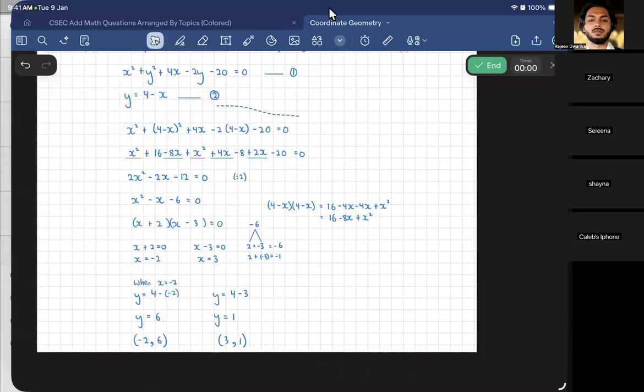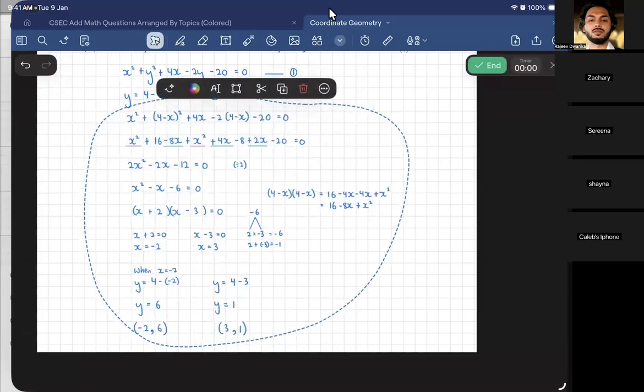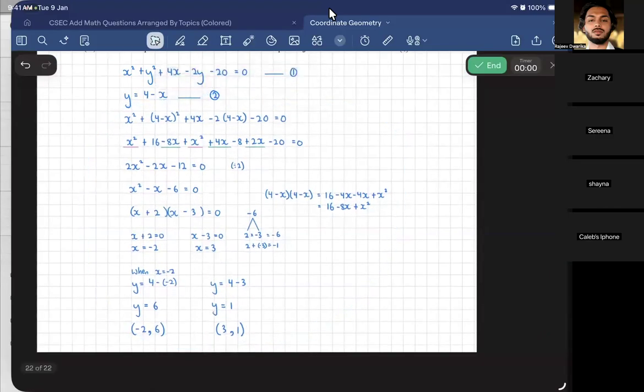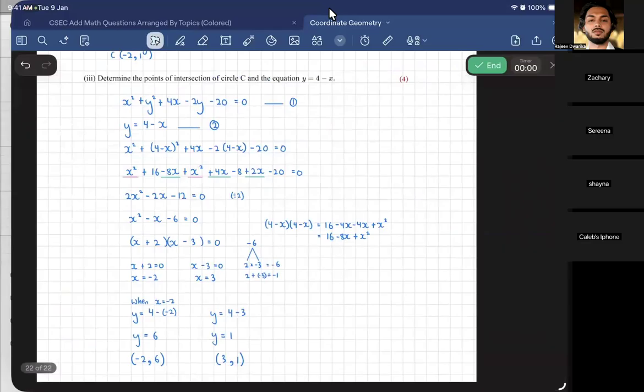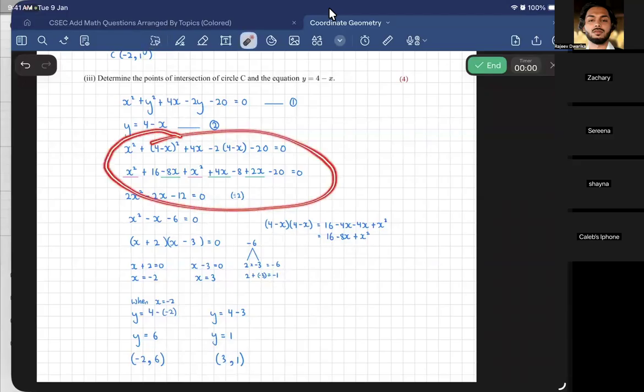I did realize in the last part I left out a number and did not add it. So I did stop at the factorization because it wasn't working out. With these types of questions, you've got to be really careful when you're working, because you don't want to make a mistake somewhere over here.